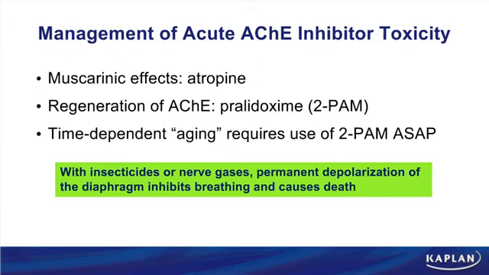Aging, sometimes referred to as chemical aging, is a process whereby the organophosphate changes its structure to such an extent that pralidoxime will no longer work. That timing sometimes can even be minutes with certain nerve gases. For drugs, it's often many, many hours before aging takes place.